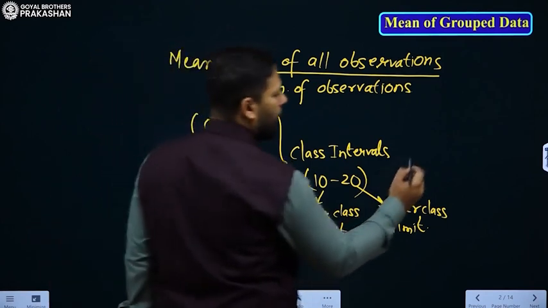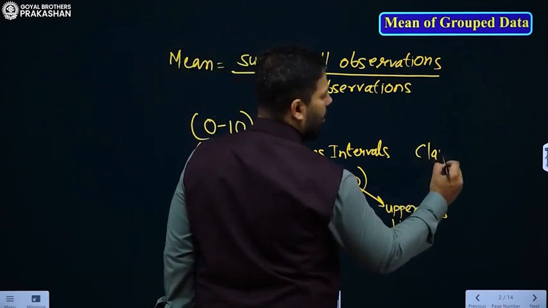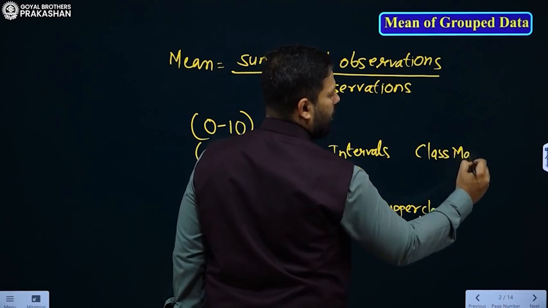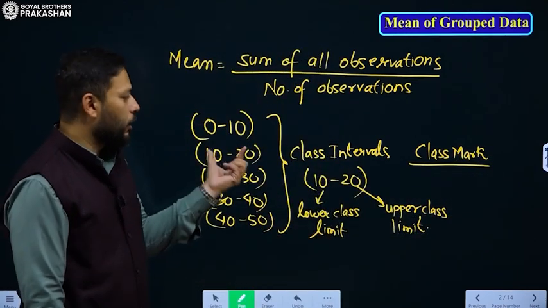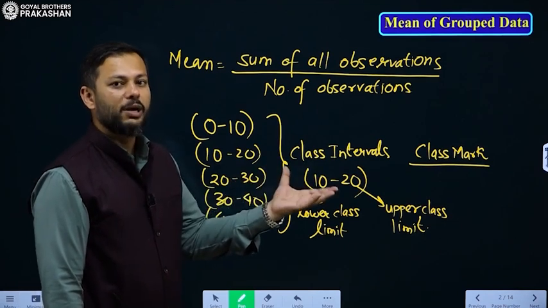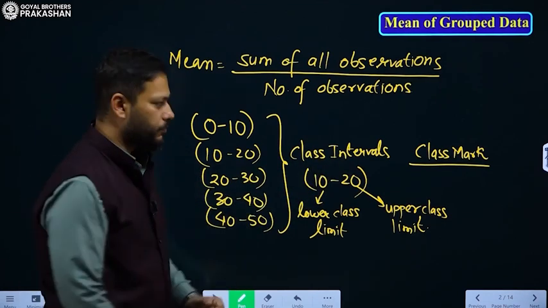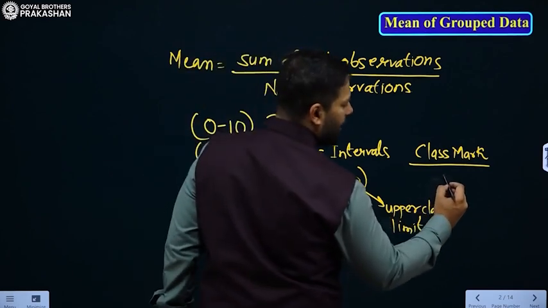And one also important thing is class mark. What is class mark? A class mark is the representative of a group which will be used to multiply with the frequency. Like how do we find the class mark?